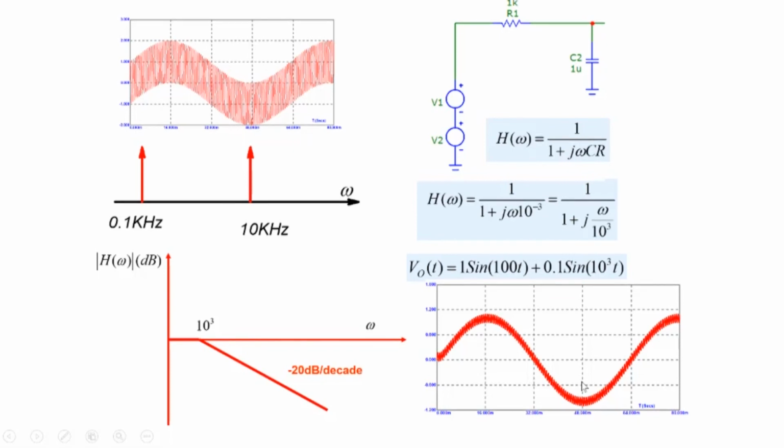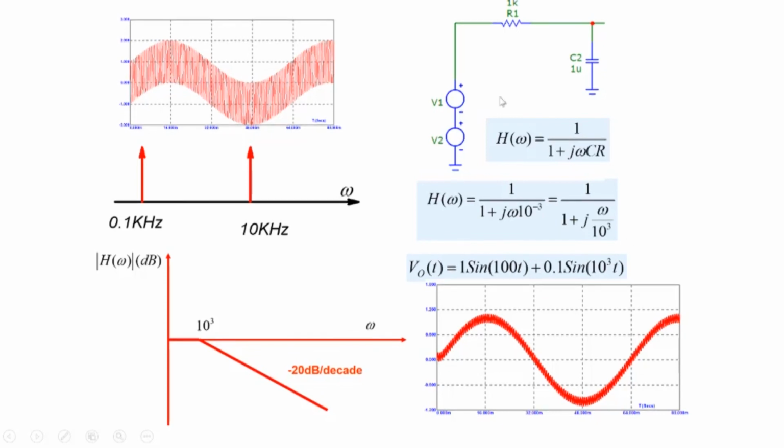Now suppose you're not happy with it, you want the higher frequency signal to get further attenuated. So what do you do? Right, so your signal is still made up of 0.1 kilohertz and 10 kilohertz. You would like 0.1 kilohertz to pass through, but you don't want 10 kilohertz to pass through. You want to attenuate it even further, because you can still see the signal is not that clean.